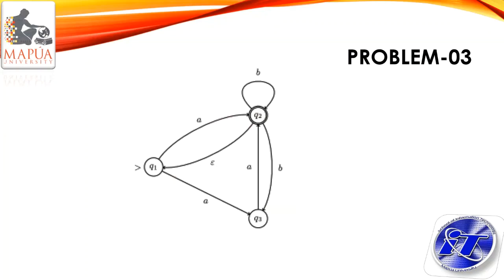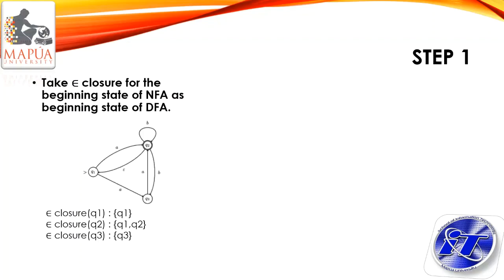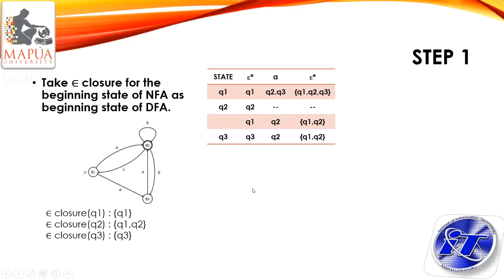Problem 3. So now we still have three states, Q1, Q2, Q3. Q2 will be the final state. Q1, the initial state, has an epsilon closure of just Q1. For Q2, it includes Q1 and Q2. And for Q3, it's just Q3. So this is the transition table of this epsilon NFA at A. Q1 epsilon is Q1.